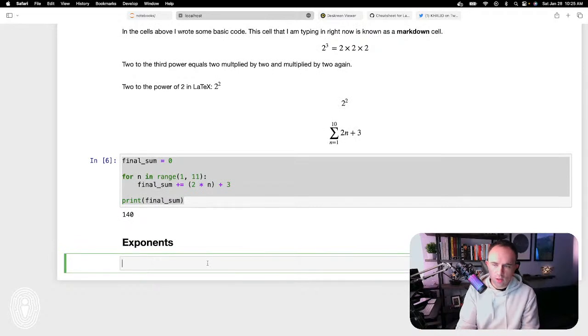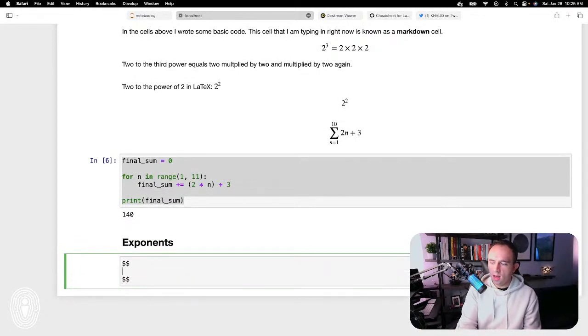Remember, I like to use the syntax with the dollar signs. So we're basically saying we want to do 2 to the 4th times 2 to the 6th. And remember, we said this is the same thing as 2 times 2 times 2 times 2 times 2.